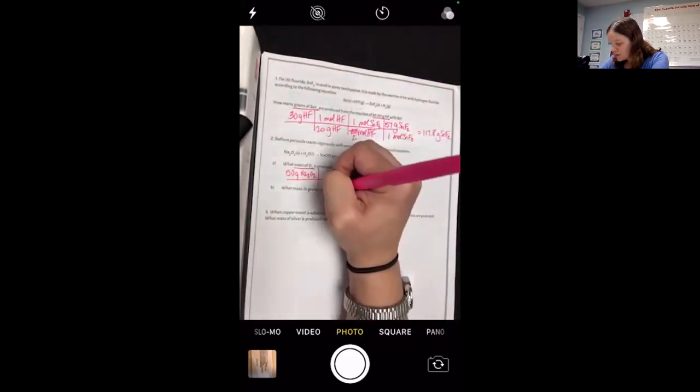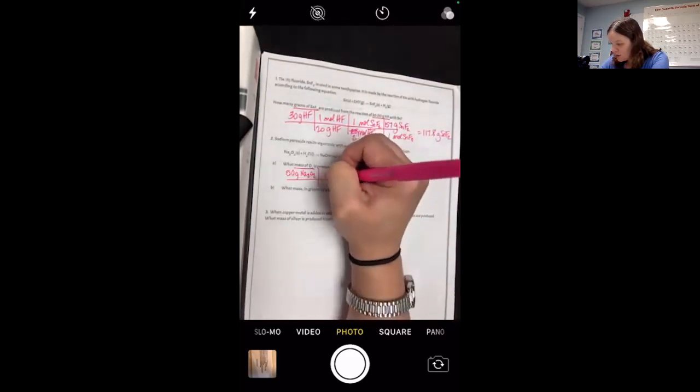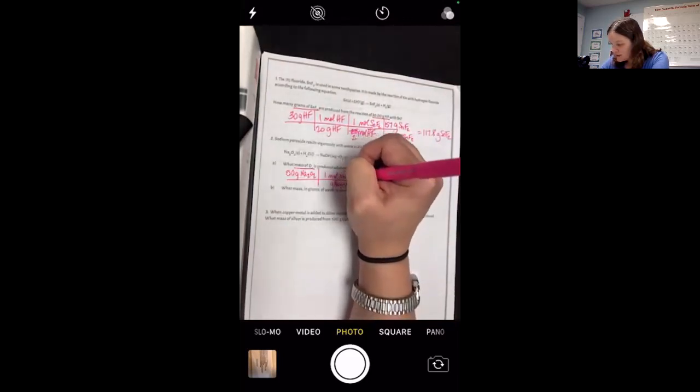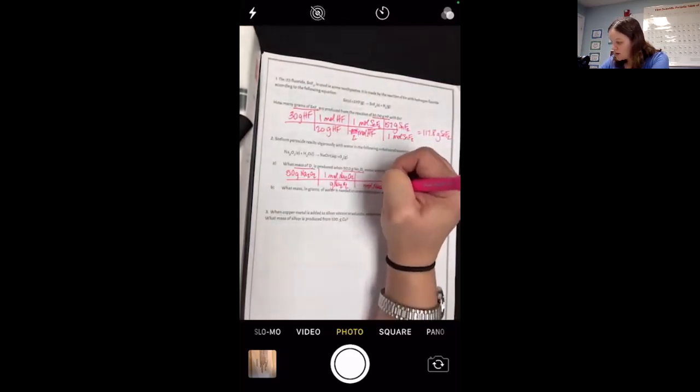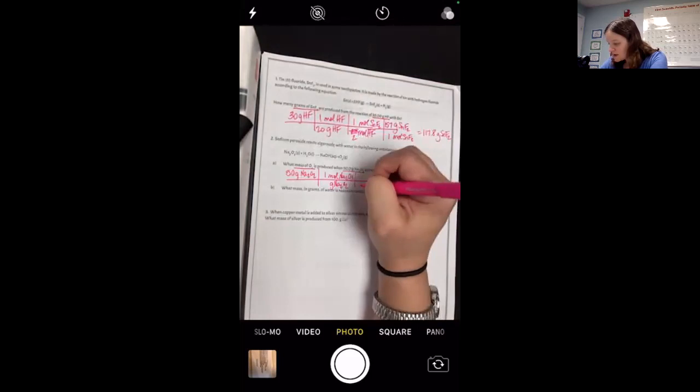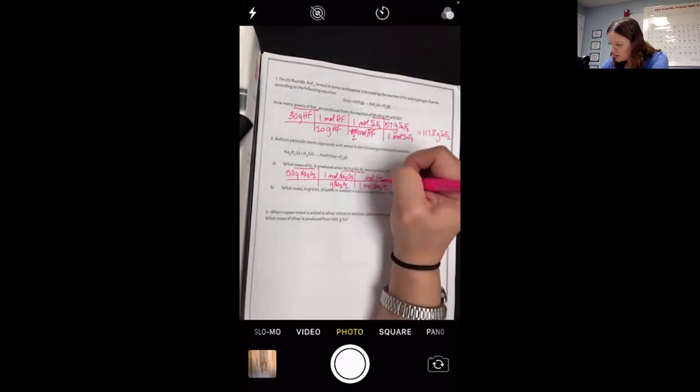Same steps. I'm going to go from grams of Na2O2 in 1 mole. That's the molar mass. And then I go from moles of Na2O2, which in this case is 1, to moles of O2. That's what I'm looking for. Again, 1.